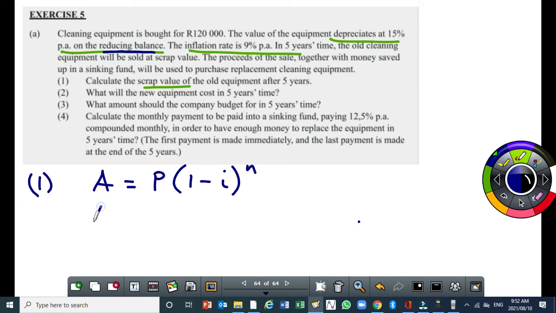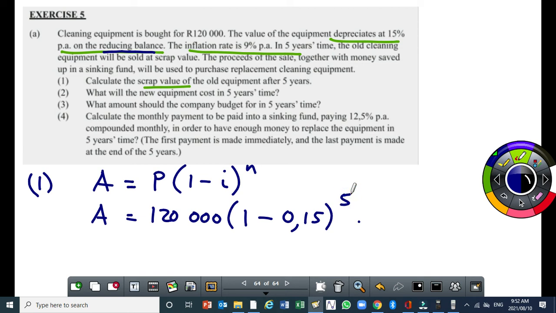Right? So our P is the value of the asset now. It's 120,000. Right? I now is the depreciation rate. Here we put the depreciation rate, not the inflation rate, because we want to know what is the value of the asset after it has lost its value. So we put the depreciation rate, which is 15%, so that's 0.15. Our N is number of years, which is going to be 5.